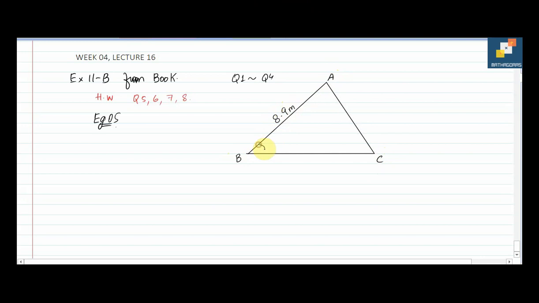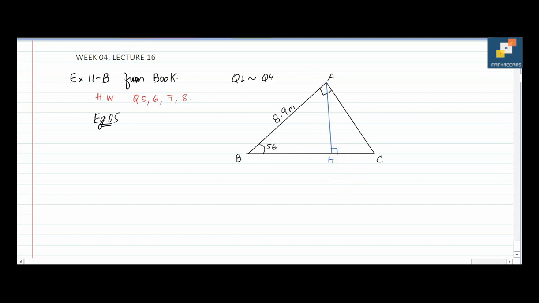The angle B is 56 degrees. The angle A is 90 degrees. And there is one more line from A to the line BC, and this point is H, and it is also 90 degrees.